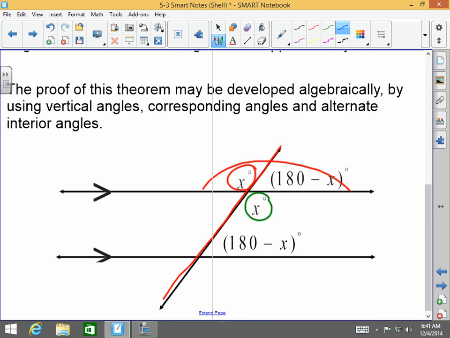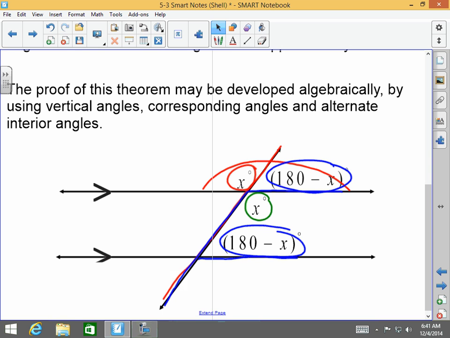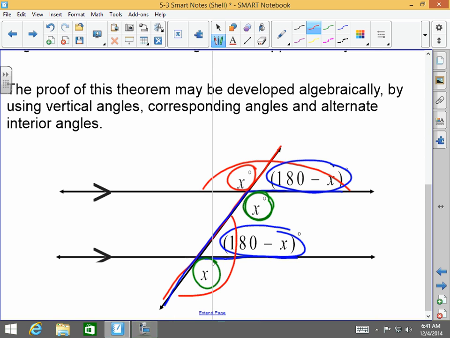Or, if you remember, the F theorem, which is the corresponding angles: top side is congruent to top side. Using corresponding angles once again, if I have this angle x, then underbelly is congruent to underbelly, so we have this x. Or we could state, because of supplementary angles, you have 180 minus x and x.